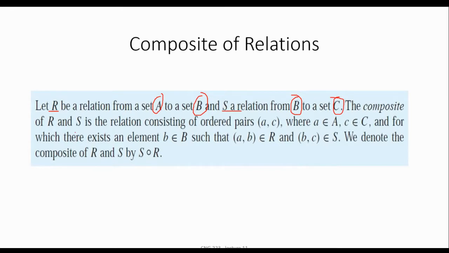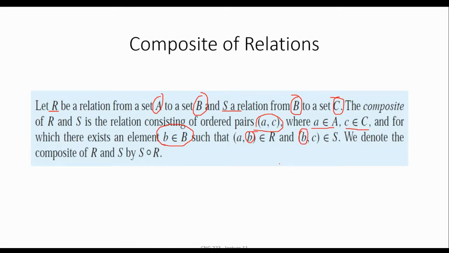The composite of R and S is the relation consisting of ordered pairs (a, c), where a belongs to A and c belongs to C, and for which there exists an element b, the common element, such that (a, b) belongs to R and (b, c) belongs to S. That's why I call it the common element.